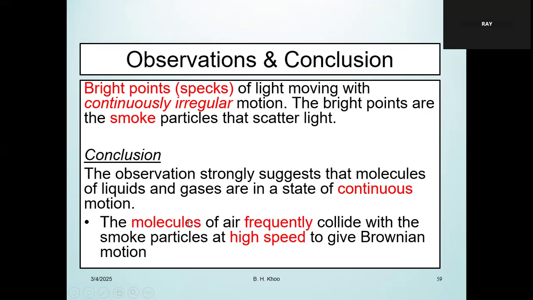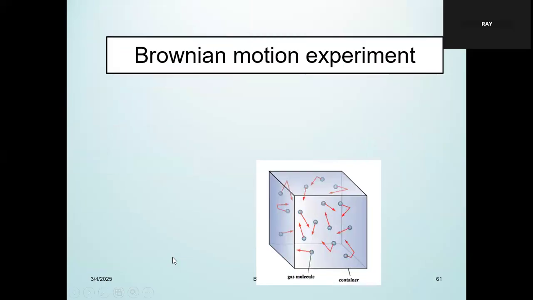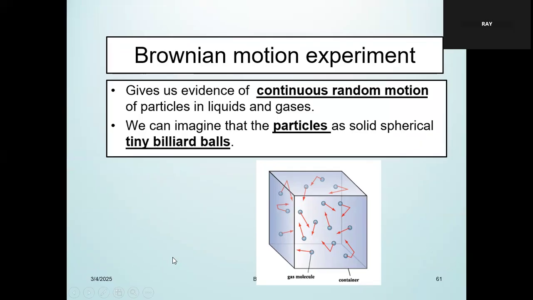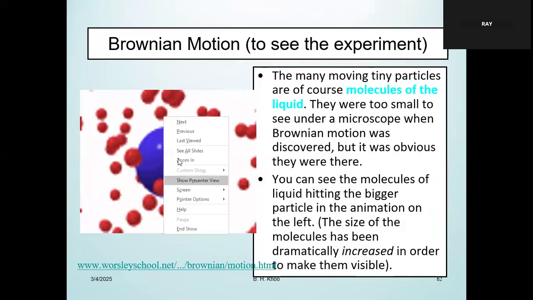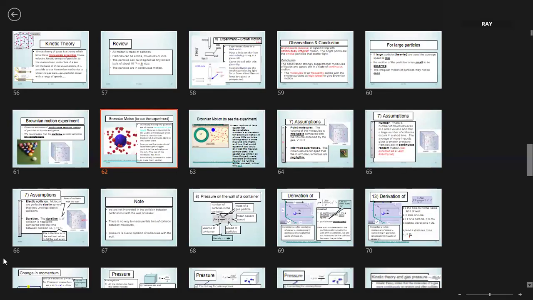The molecules of air frequently collide with the smoke particles at high speed to give Brownian motion. We don't see the smoke particle, we see bright specks moving in continuous motion. So it must be the air particles moving and colliding with the smoke particles. That's the conclusion of the Brownian motion experiment. We won't spend too much time on that since it's normal in the syllabus.